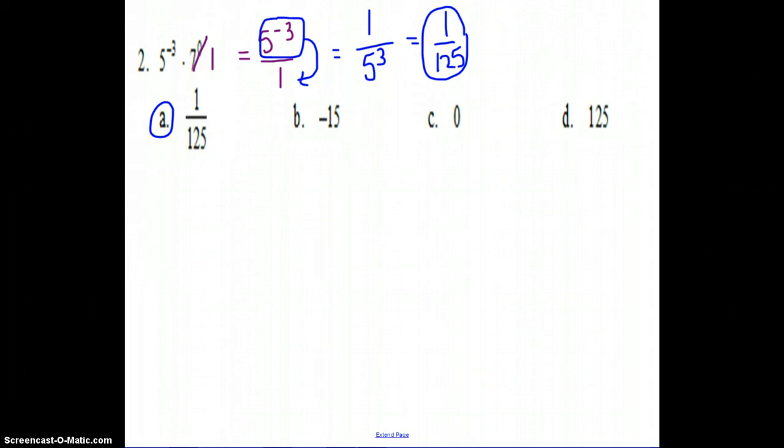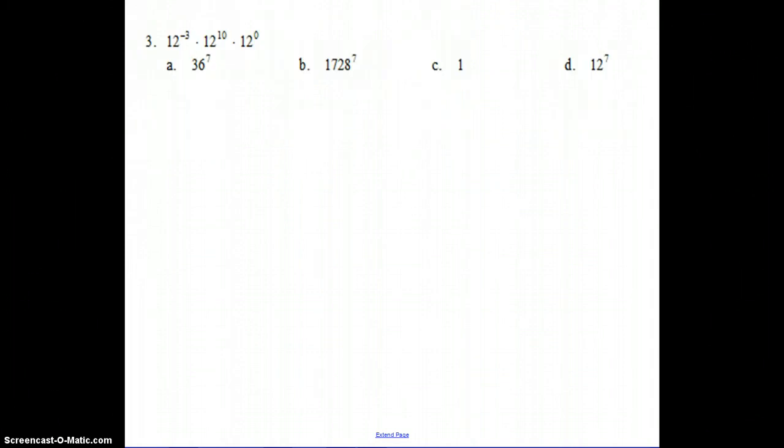Okay, next review problem. Now this one has multiple bases. I can tell by looking at this problem that my base in each one of these is 12. Because of that, my base is going to be 12 in my answer, at least to initially calculate it. And then my job is to take the exponents and add them all together. Remember, this is one of those review properties of multiplication.